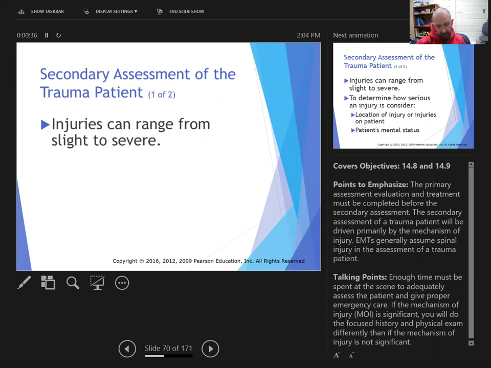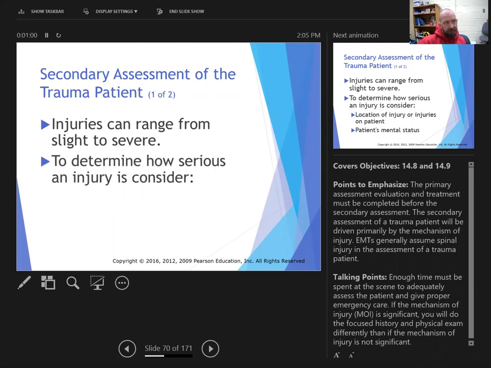Just an important note to make that injuries obviously can be very minor, something like a paper cut, a stubbed toe, whatever it might be, to something very severe. Somebody with head or abdominal or chest injuries or multi-system traumatic injuries can be quite severe. To figure out how serious the situation is, there are things to consider.